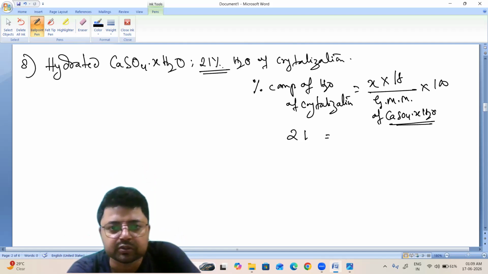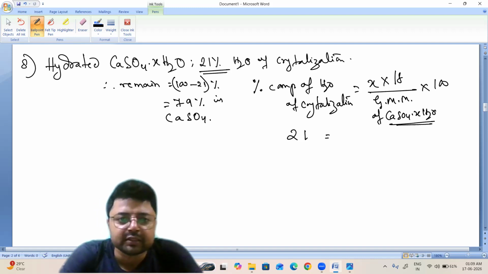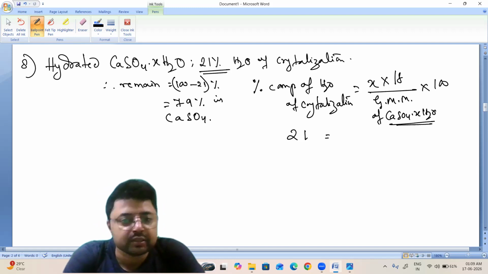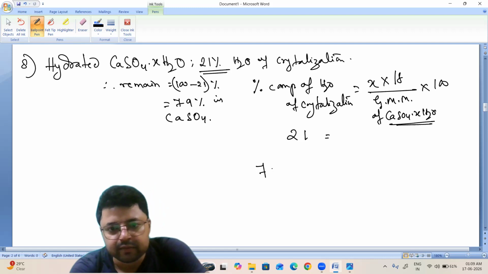So if 21% is water of crystallization, that means the remaining part, which is 100 minus 21% or 79%, is CaSO4. Okay, if 21% is water of crystallization, then 79% is CaSO4. So we will write 79 now.